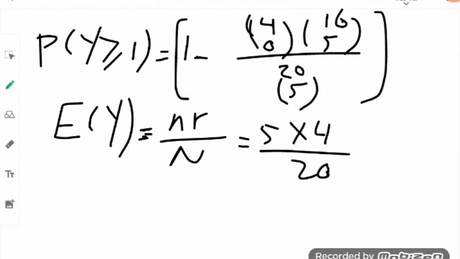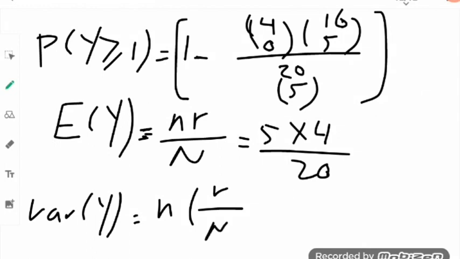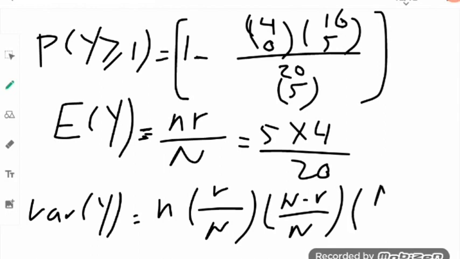And the variance of y is given by n times r divided by N, times N minus r divided by N, times N minus small n divided by N minus 1. All what we need is just to substitute in this formula.